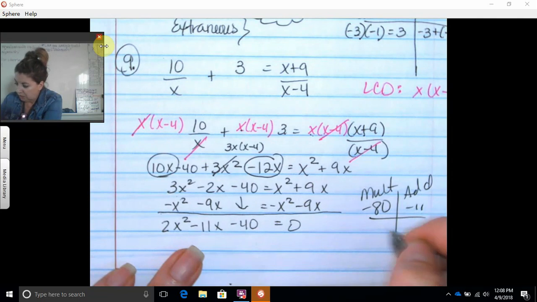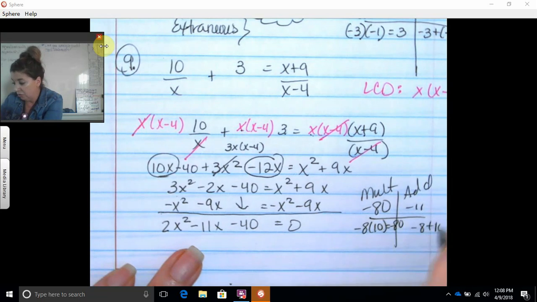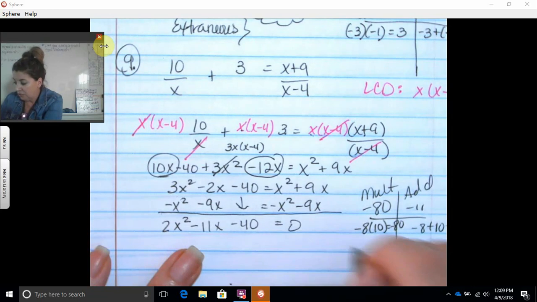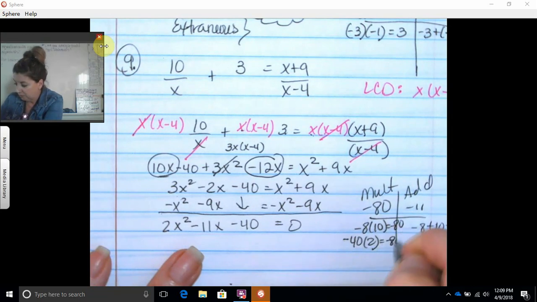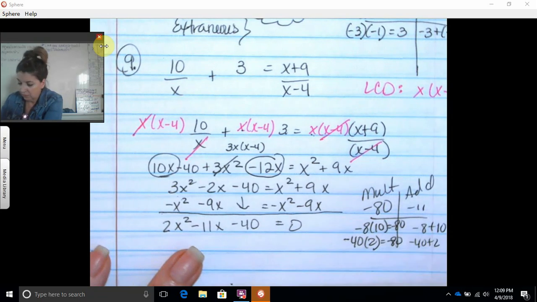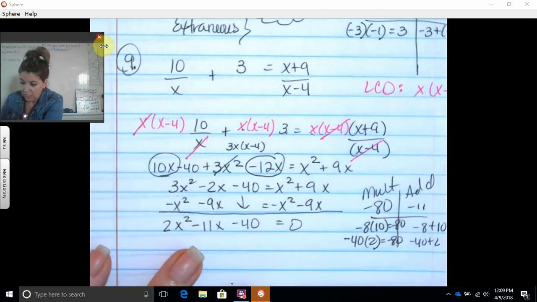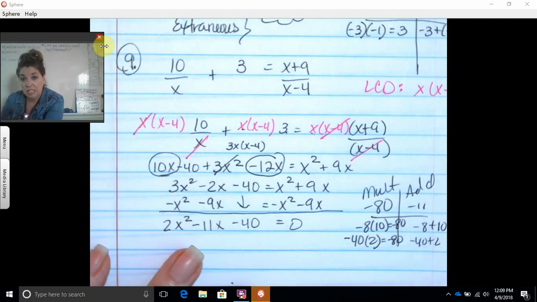Well, negative 8 times 10 is negative 80, but negative 8 plus 10 is 2. No combination of 2 and 40 will work. Wait, what's 80 divided by 5? 16.